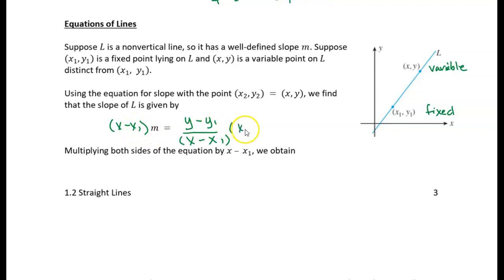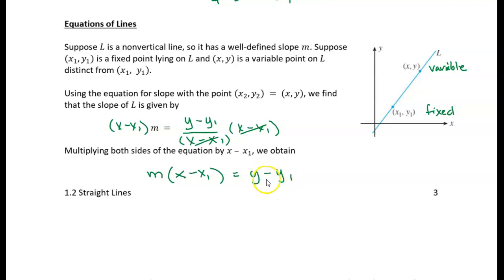Multiplying both sides by x minus x1, then you can see that these will cancel. And what I'm left with is, I'm going to write this the other way around because multiplication is commutative. You can multiply things in any order. x minus x1 is equal to y minus y1.